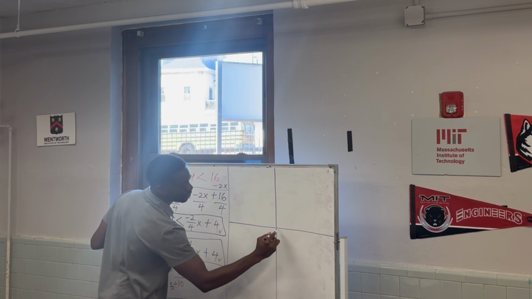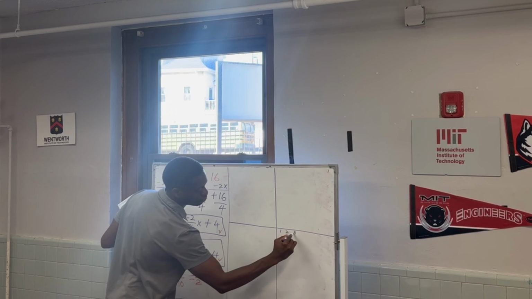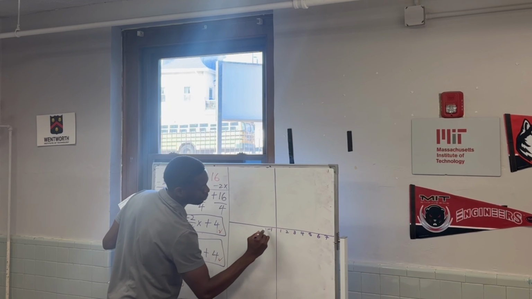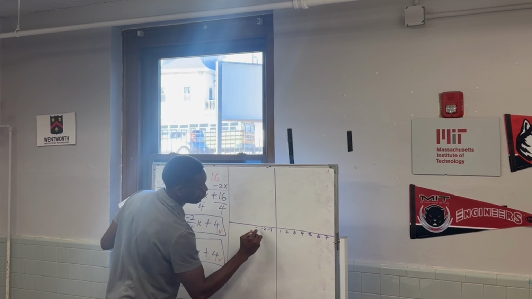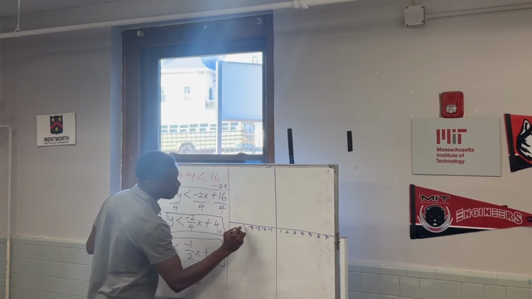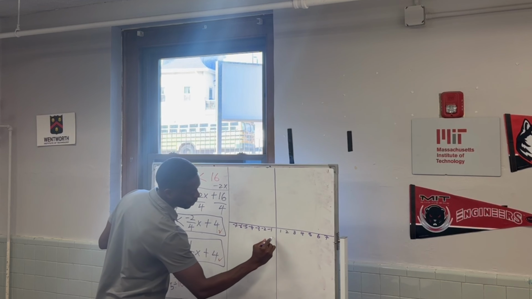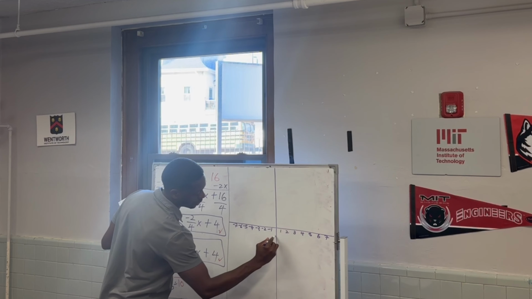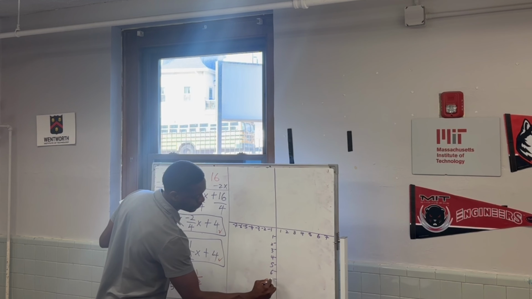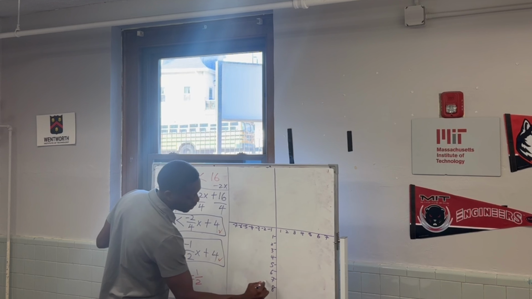Right? This is 1, 2, 3, 4, 5, 6, 7. This is negative 1, negative 2, negative 3, negative 4. How far does it go? 7? Okay. Negative 5, negative 6, negative 7. That's fine. Negative 8, right?